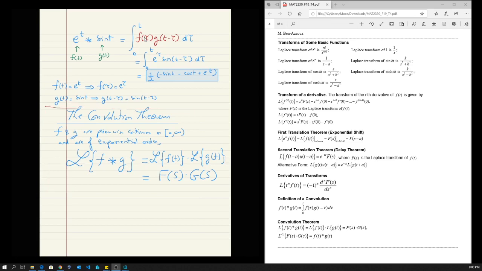So we're going to show you several aspects of this theorem that make it very powerful and useful. The first one is obviously interesting because if you're trying to take the Laplace of a convolution, this theorem bypasses doing the integral.